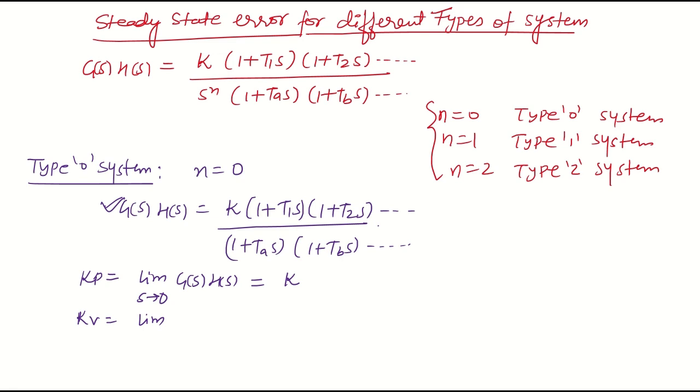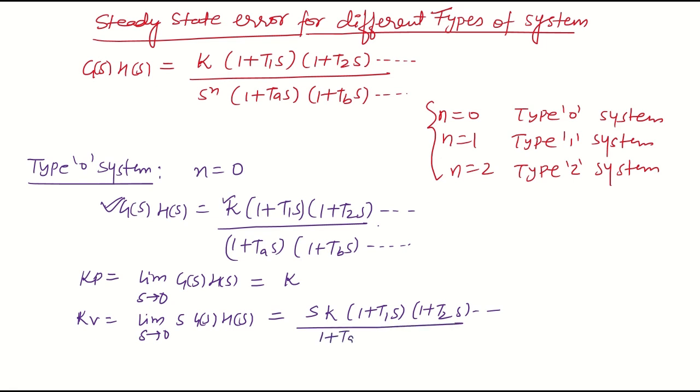So this will be limit s tends to 0 of s times G(s)H(s). When I multiply G(s)H(s) with s, s into K (1 plus T1s)(1 plus T2s), and so on, divided by (1 plus Tas)(1 plus Tbs), and so on, and apply s tends to 0, all these terms will become 0. So this Kv will come out to be 0.